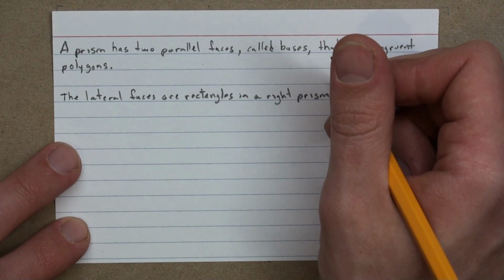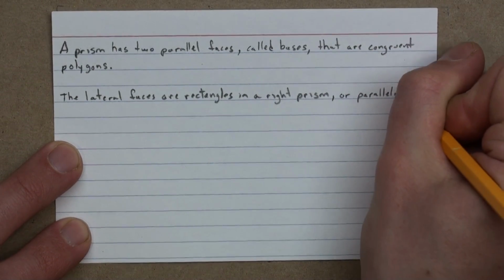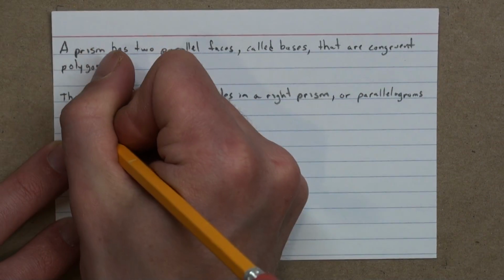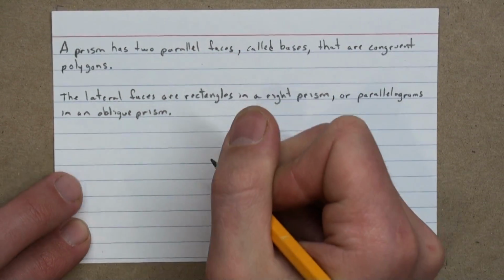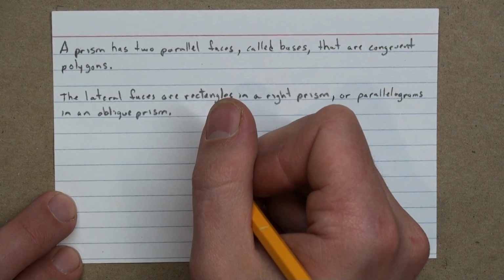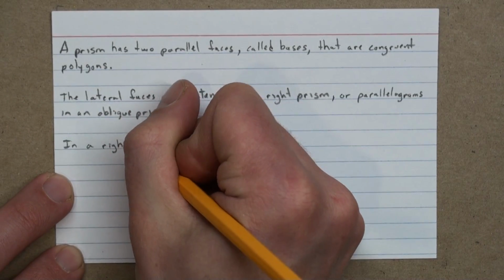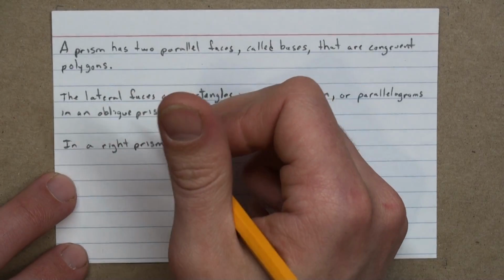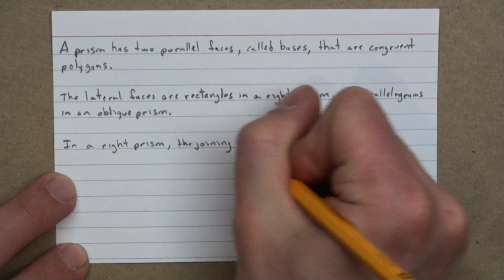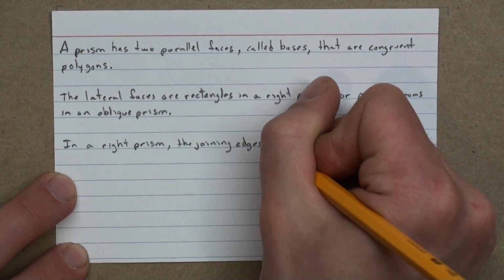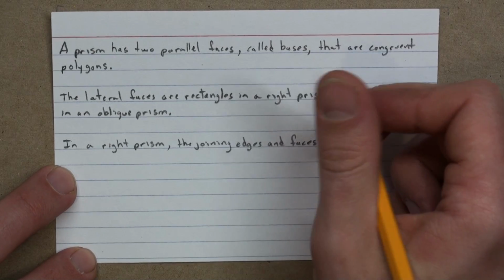Or parallelograms in an oblique prism. In a right prism, the joining edges and faces are perpendicular to the base faces.